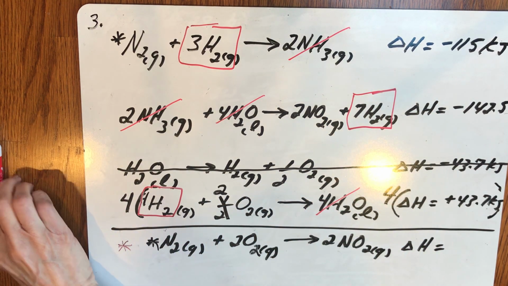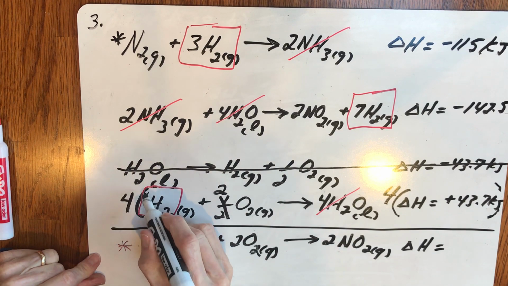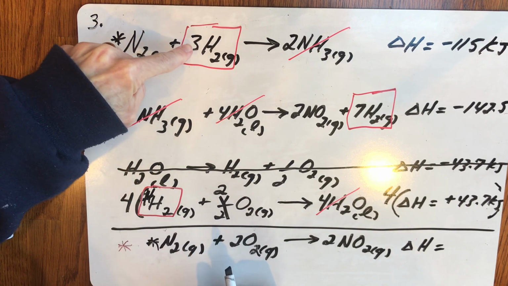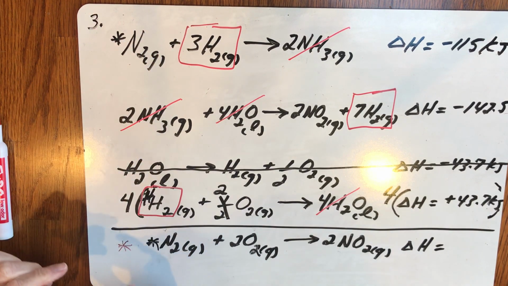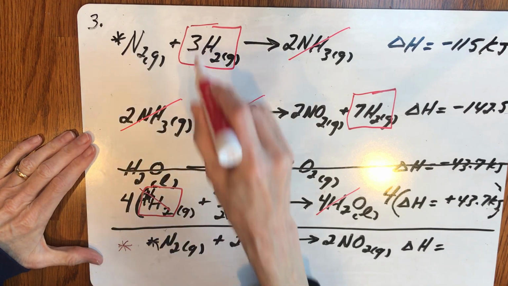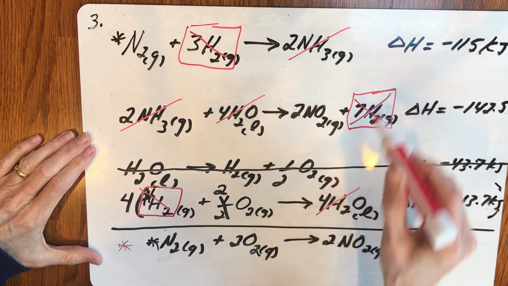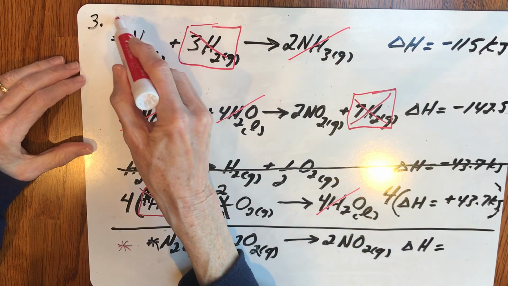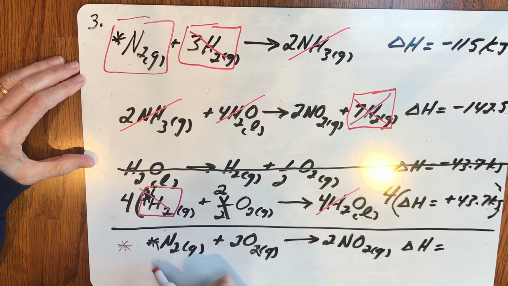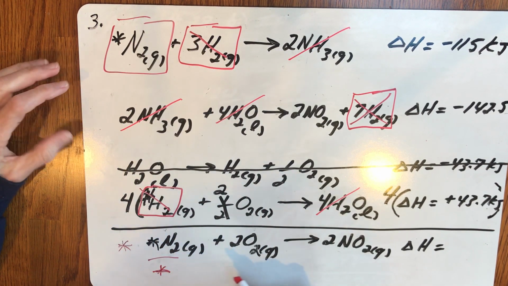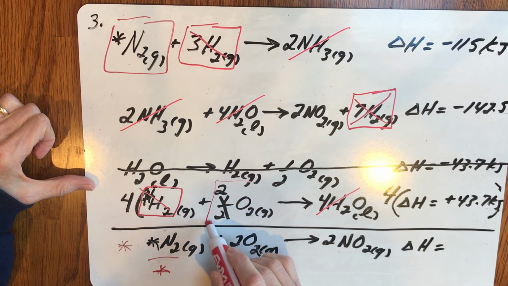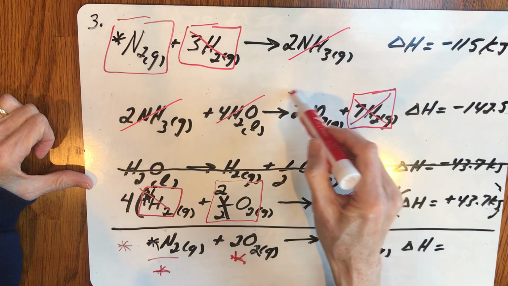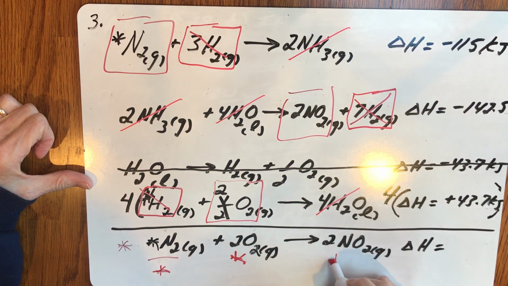So the 4 H2s that are here, plus the 3 here, that makes 7. So these will all cancel out with this, okay? So now the only thing that's left is this N2, which I pull down here, okay? And then 2 O2s, which I pull down here. And then the only other thing that's left is that 2 NO2.